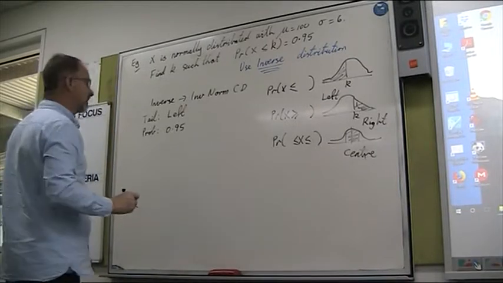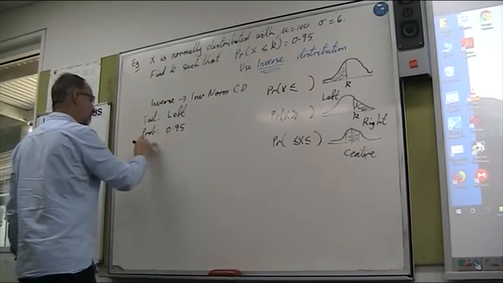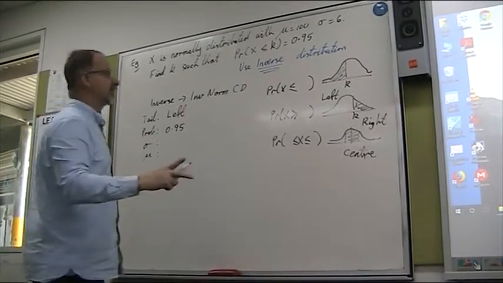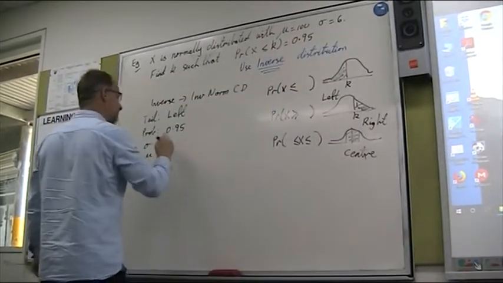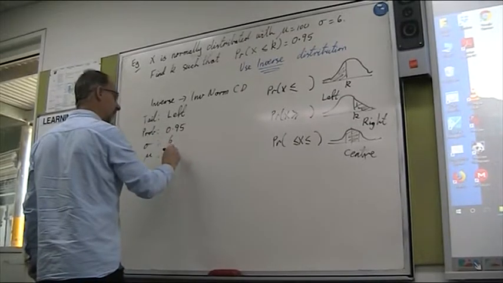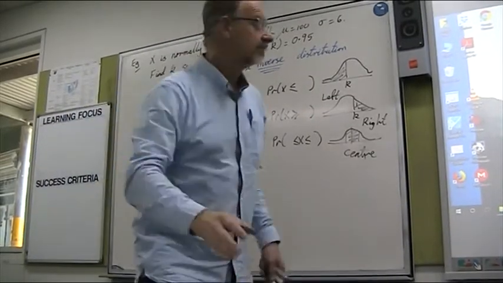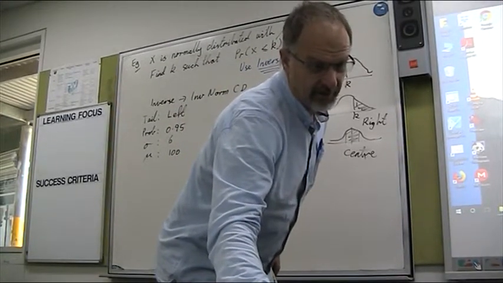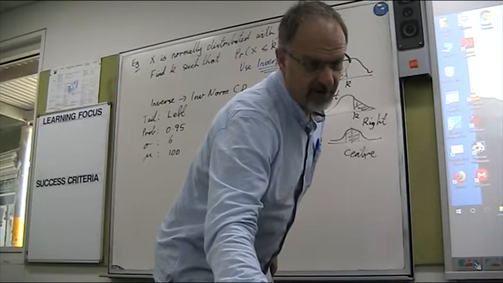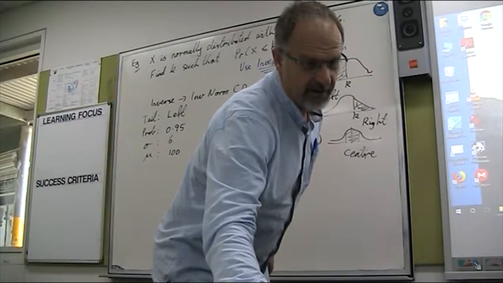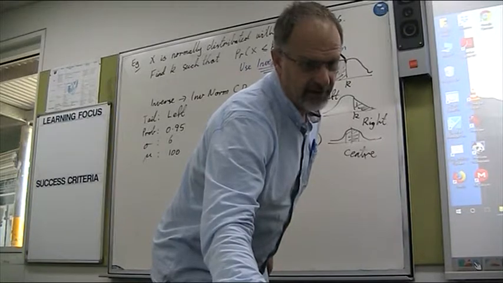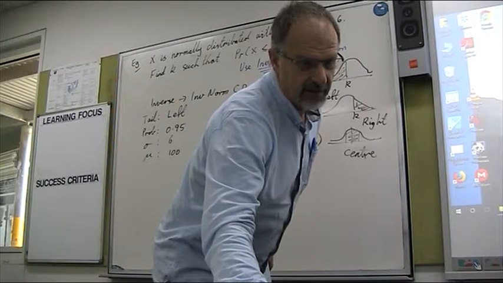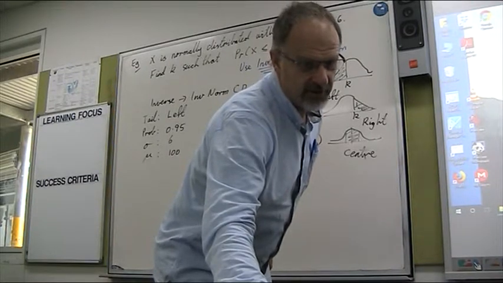And in this case we're not looking at the standard, but at one where we're given a mean and a standard deviation. Our standard deviation is 6 and our mean is 100. So probability, put that in, 0.95. Standard deviation is 6, mean is 100.